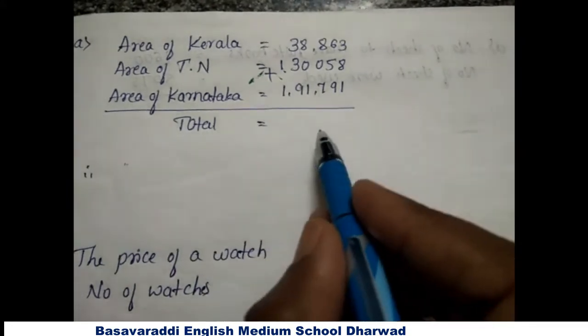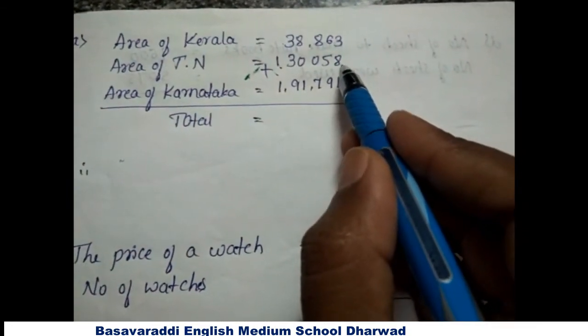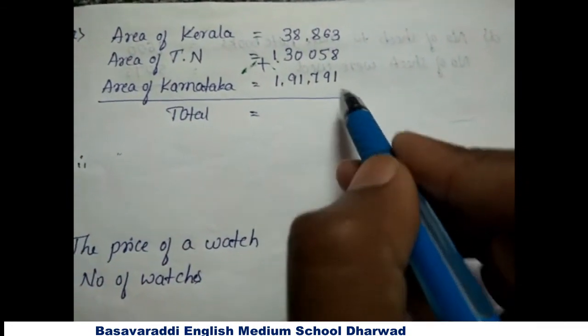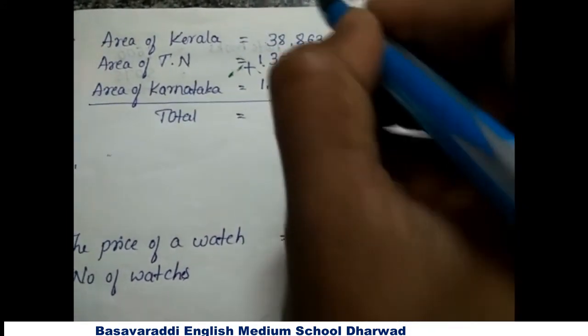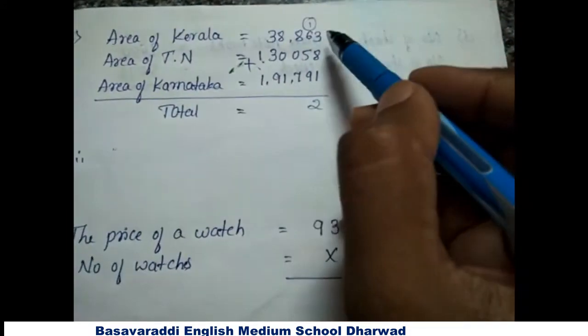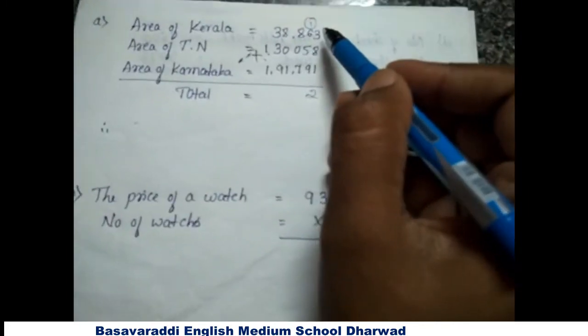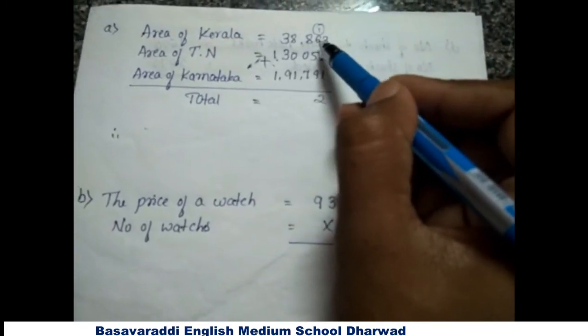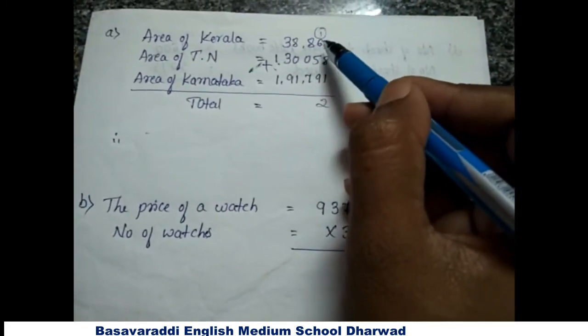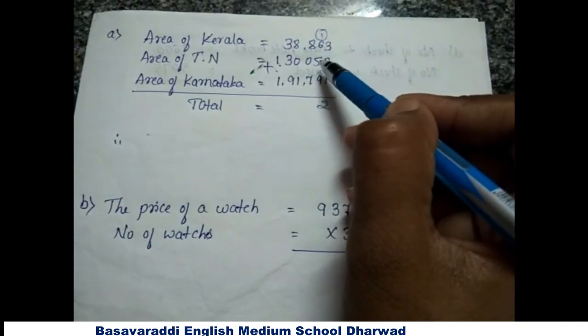So the total: 3 plus 8 is 11, 11 plus 1 is 12. Write 2 here, 1 carry over. Next, 1 plus 6 is 7, 7 plus 5 is 12.